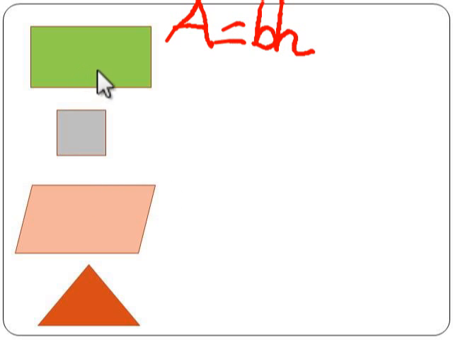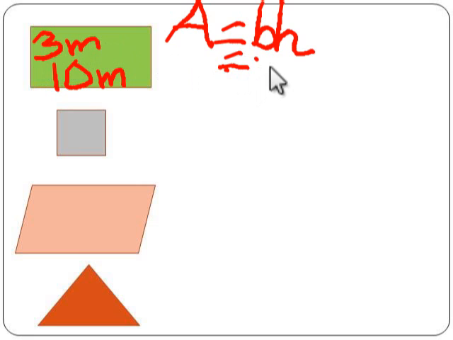So for a rectangle, the base could be 10 meters, and the height could be 3 meters. And so to find the area, we're just going to multiply 10 times 3.